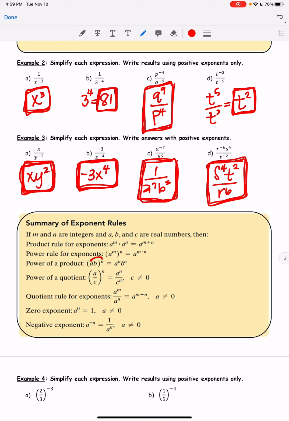Power of a product, distribute that exponent to everything. Power to a quotient, distribute that exponent to everything at top and everything in bottom. Quotient rule, when my bases are the same, we're going to subtract those exponents. Anything to the first power, anything to the 0 power is 1. And then our newest one, negative exponents.